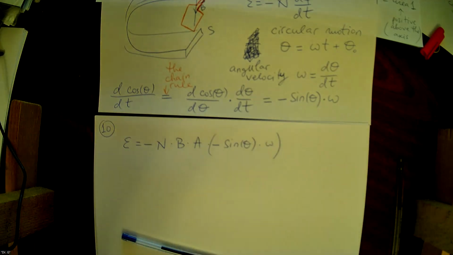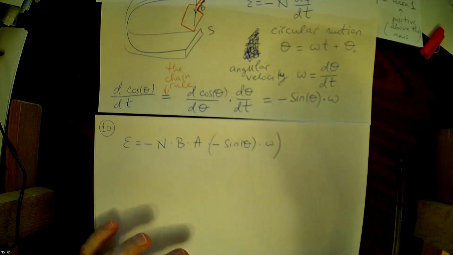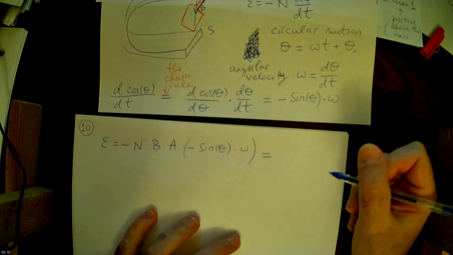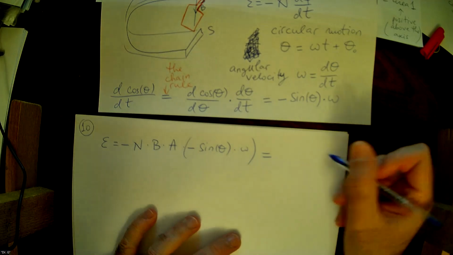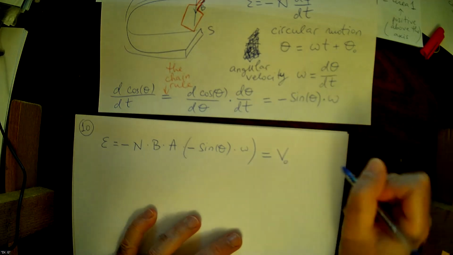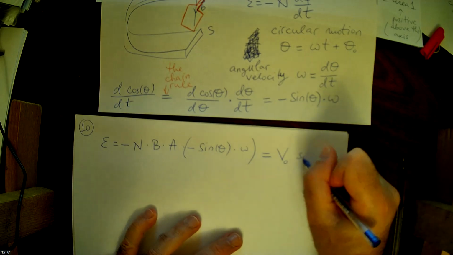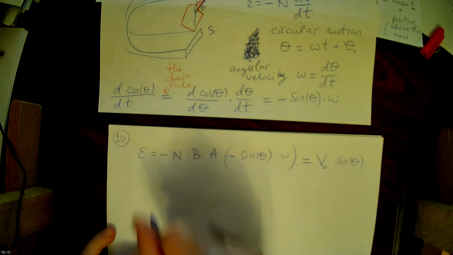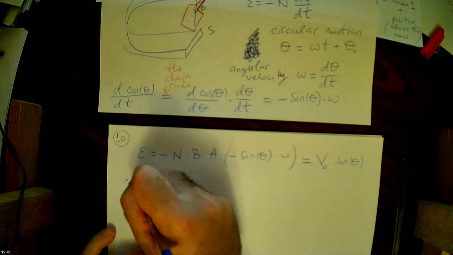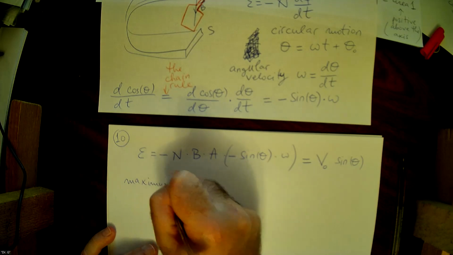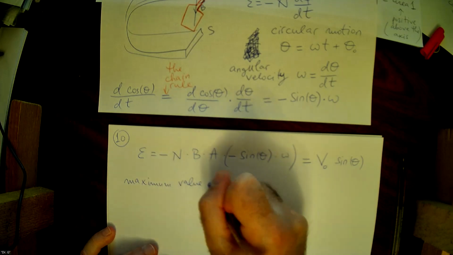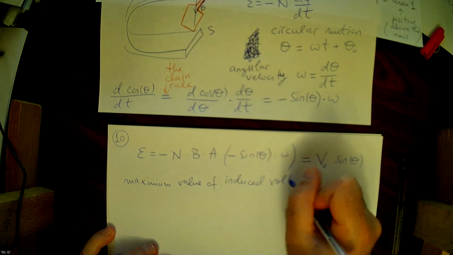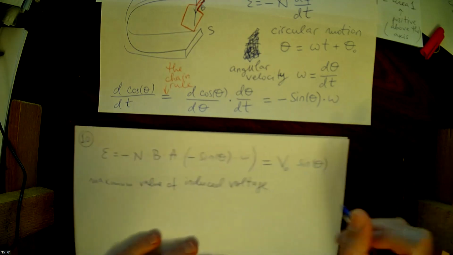And in conclusion, the EMF is a maximum value times the sine of the angle, okay? Where the maximum value of induced voltage, right, V0 is what?